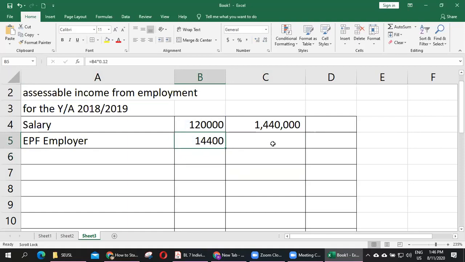Whether we have to include it in the calculation or not? Yesterday we discussed it. It is not taxable, it is exempt. No need to include it in the calculation. We do not include this value.